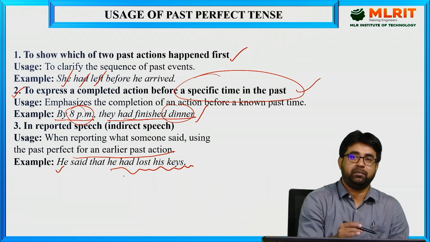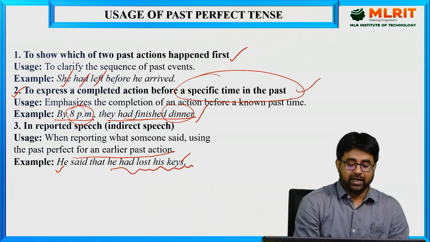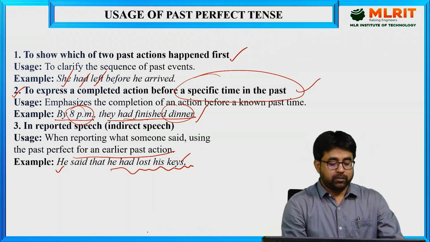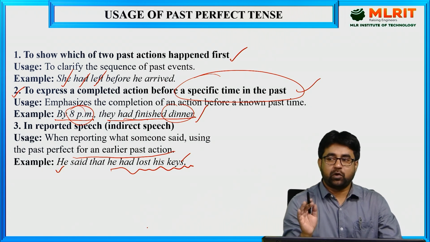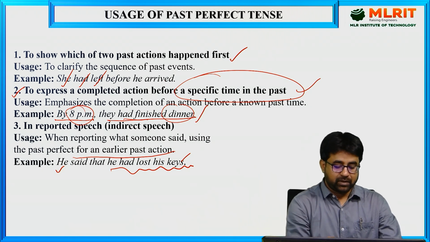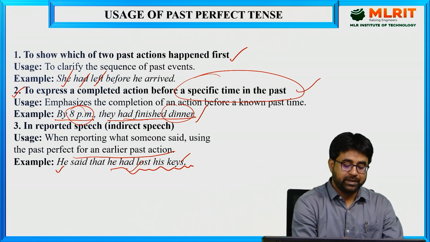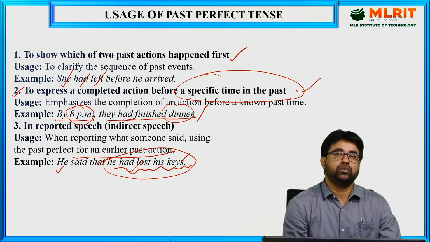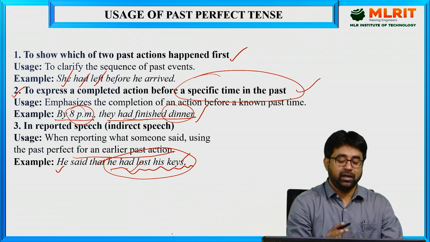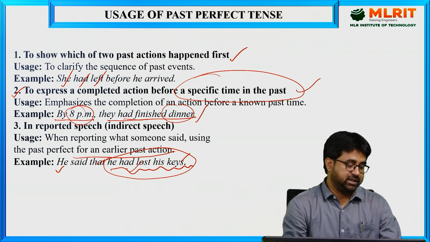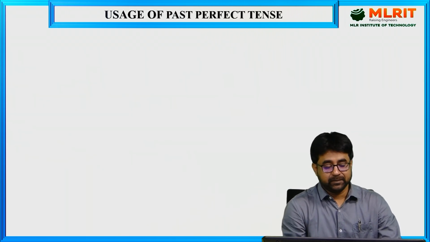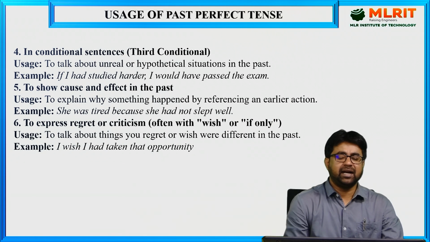So earlier past actions, right? So in reported speech also, when we talk about a simple past event that happened in the past, to describe that action, we always use which tense? Past perfect tense, right?